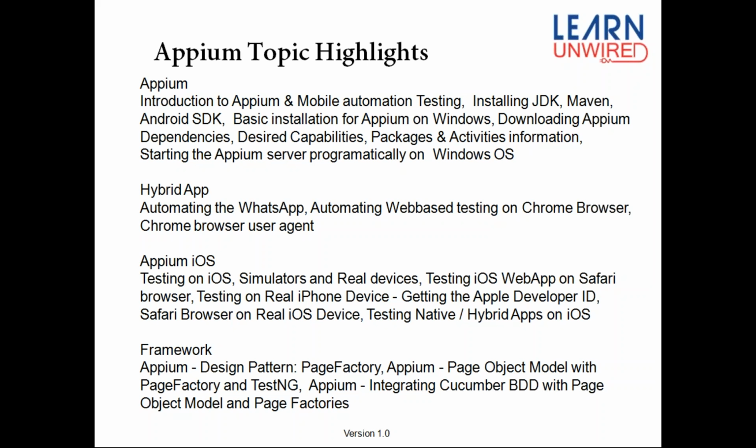Now I'd request you, if you are watching this video, please Google yourself and check the market for mobile application testing, and also see the job requirements. Many of you might have been in your current job for more than a year, 2 years, 3 years, and you haven't changed your job, or you're probably happy, and that's good.